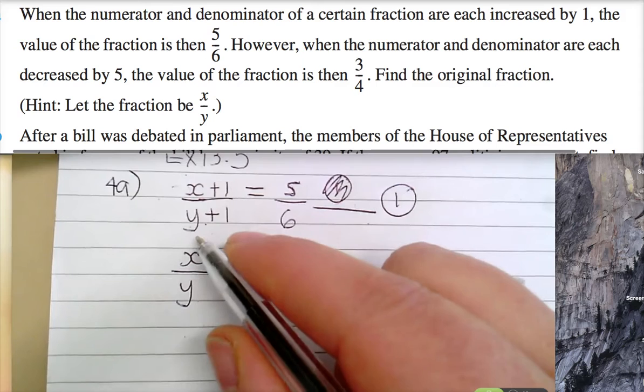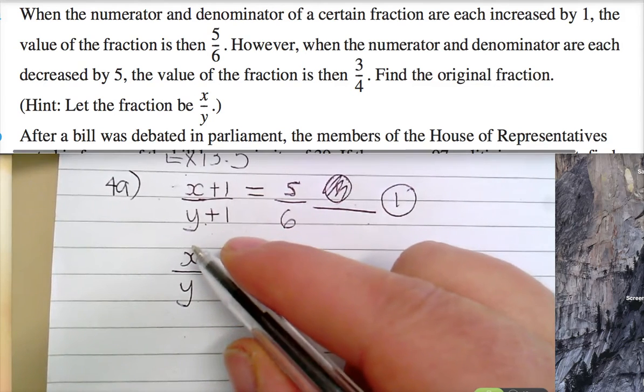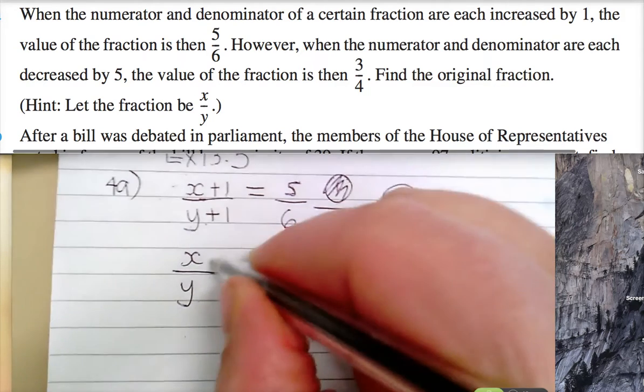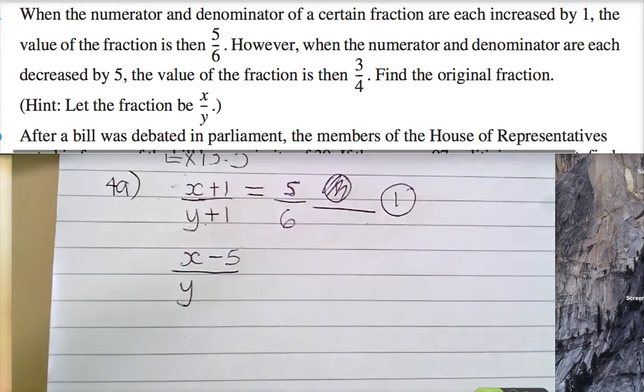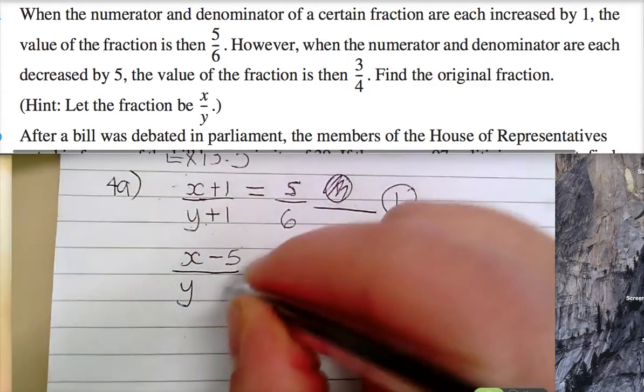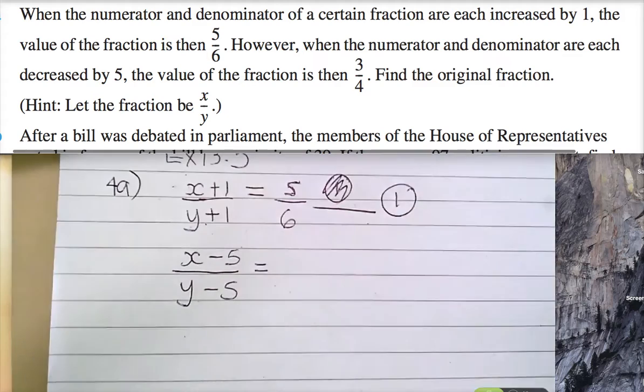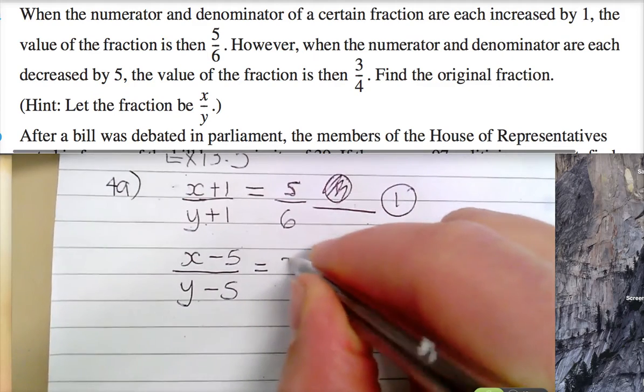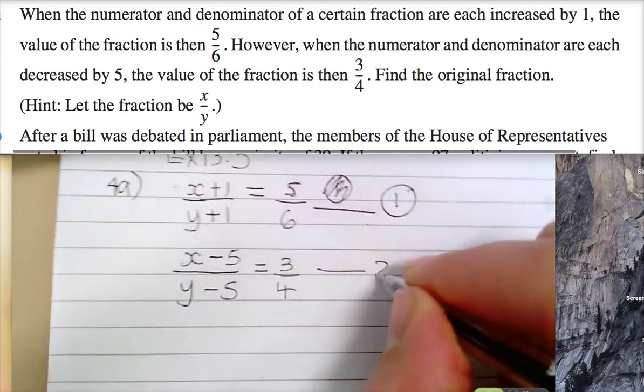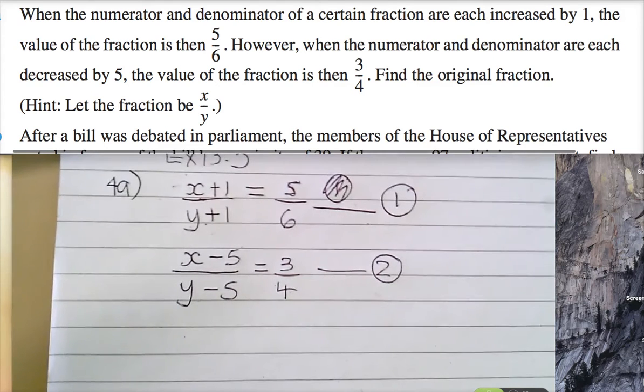So let's say x, the numerator, was 10. It's now going to be 10 minus 5, which is 5. Whatever it was, we're now taking away 5. The denominator is also decreased by 5, and the value of the fraction is 3/4. That's equation 2. Now, how do we solve these?